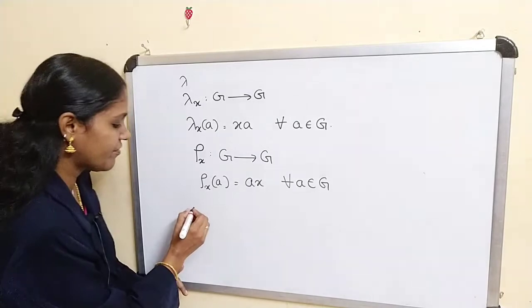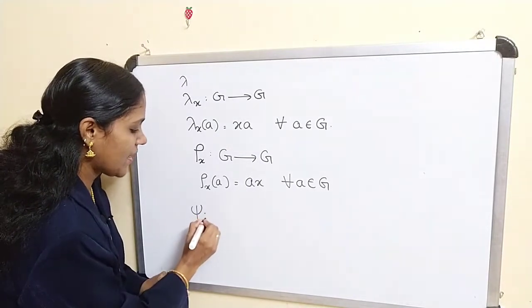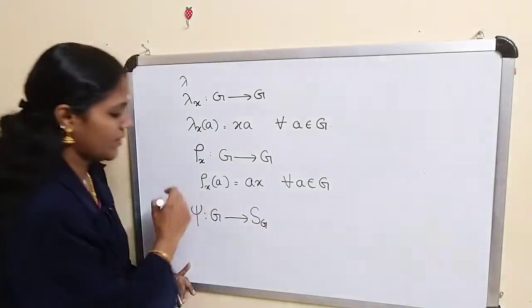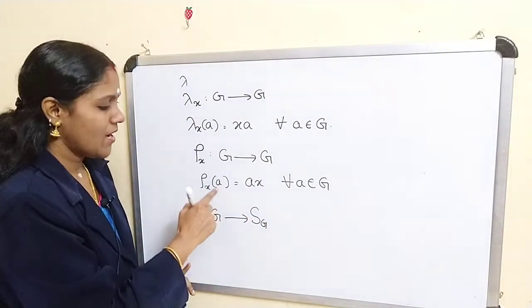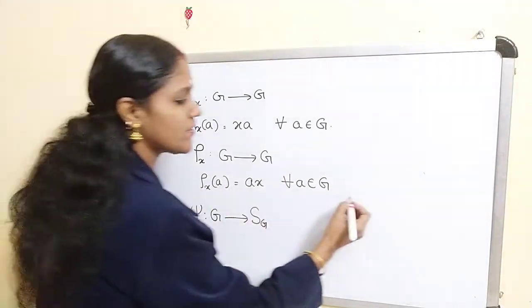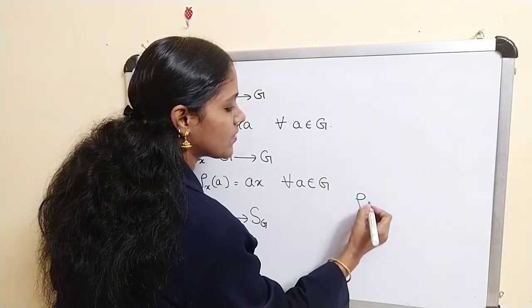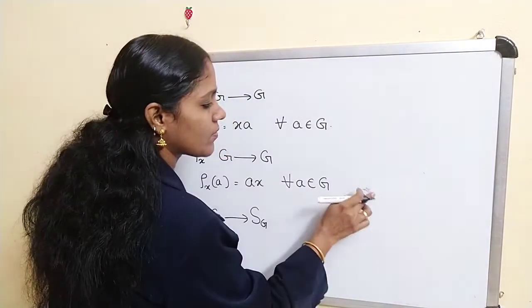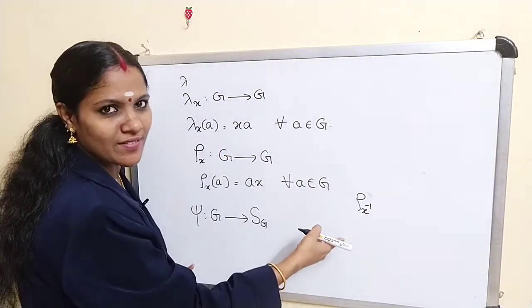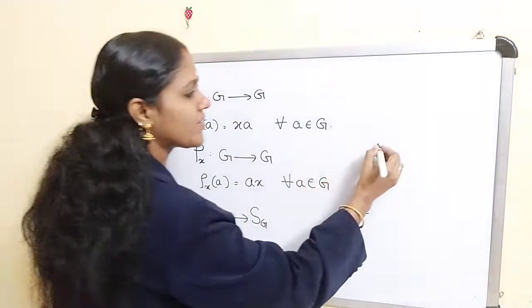And if you define a map psi from G to S_G, where S_G is the group of permutations: rho x is a permutation, so rho x inverse is also a permutation. Now what about rho x inverse?